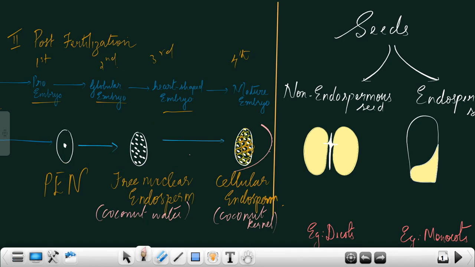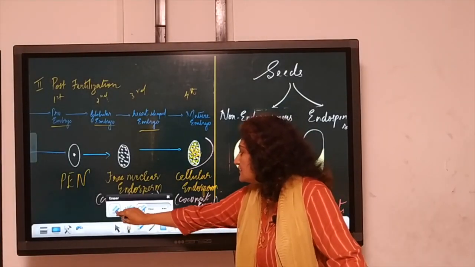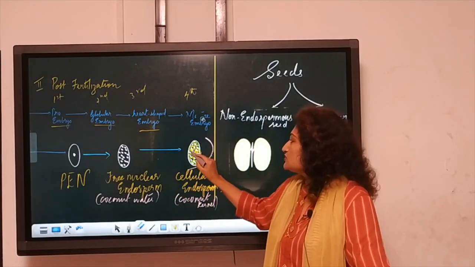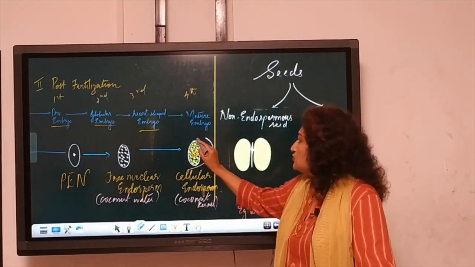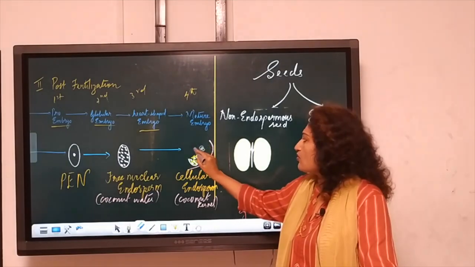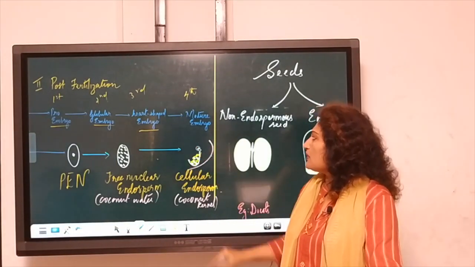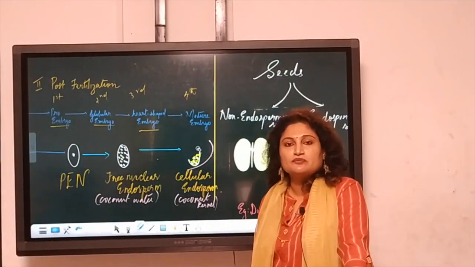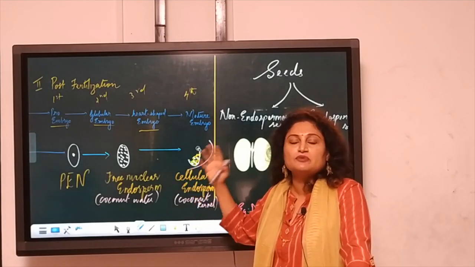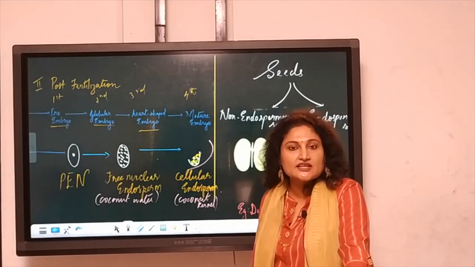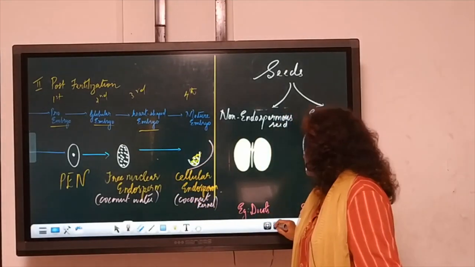Next, the second category of seeds. Some embryos utilize only a part of the endosperm, and the remaining bulk of the endosperm remains in the seeds. Such seeds are called endospermous seeds.